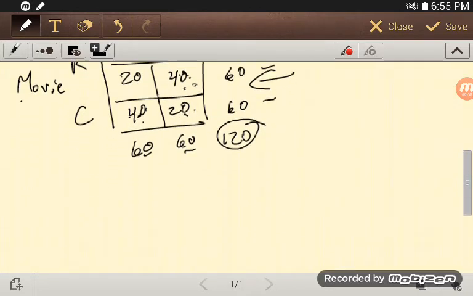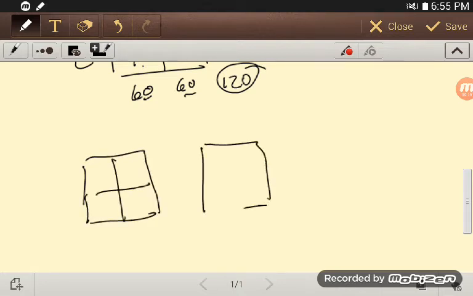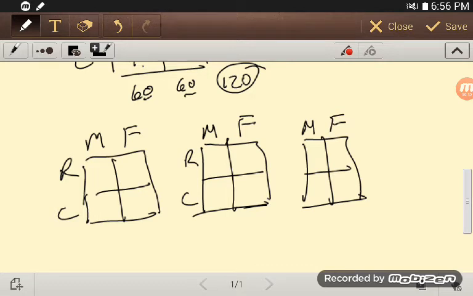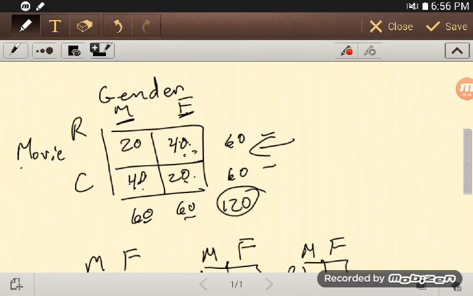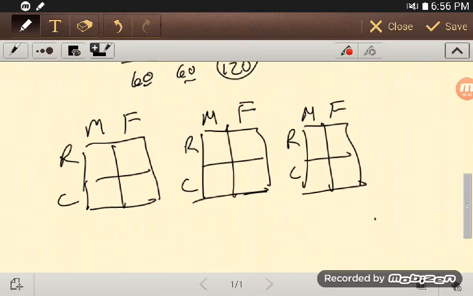By that, I mean, let's look at maybe 3 of these. Here are 3 possible datasets again: male, female, romantic, comedy, and we'll do 60 of each male and female every time.